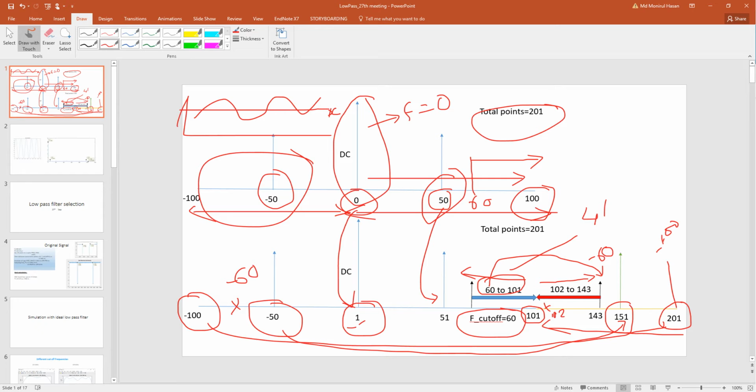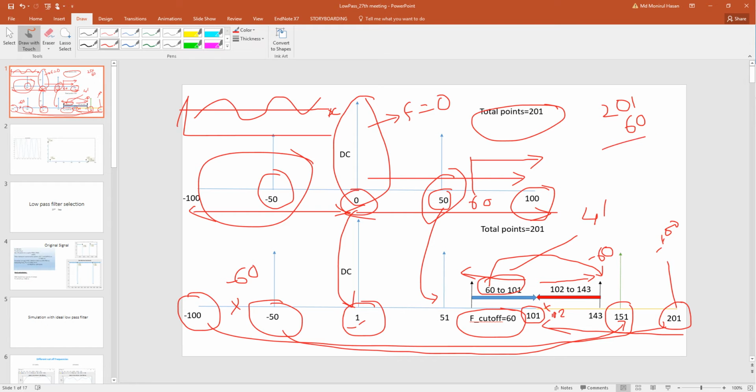Another way we can figure out how to find the 143 points: say you have 201 points, so 201 is the last point. Now if you want to get the starting point here, your cutoff frequency is 60.